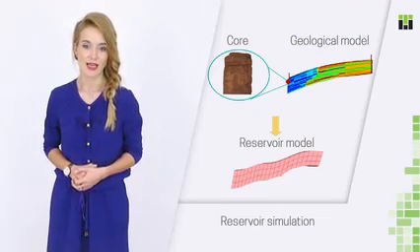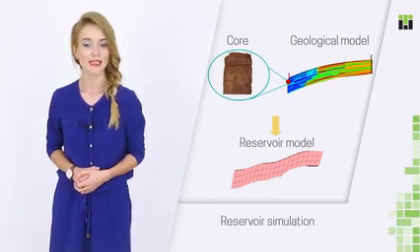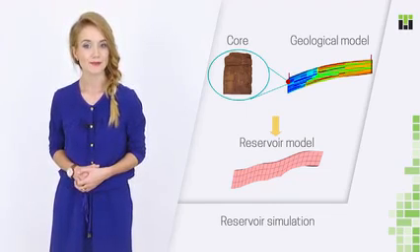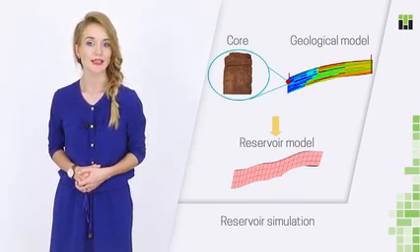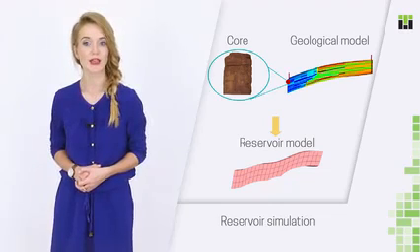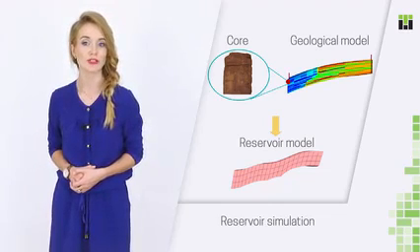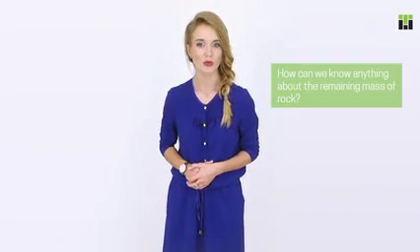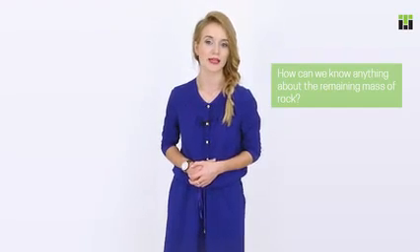Just imagine, a typical geological model is built of cells or blocks 50 by 50 meters in area and half a meter in height. Any data that we obtain from core analysis will represent only a tiny part of it. If so, how can we know anything about the remaining mass of rock?